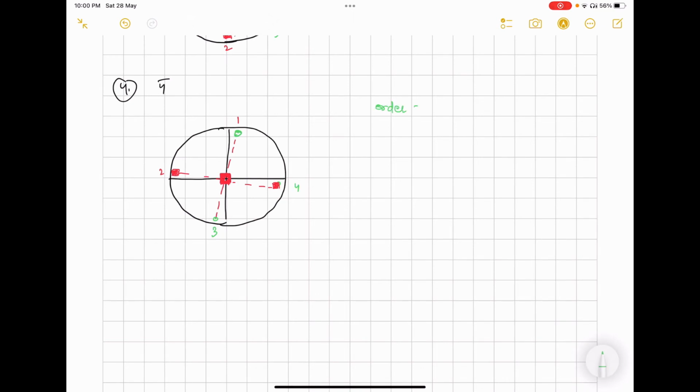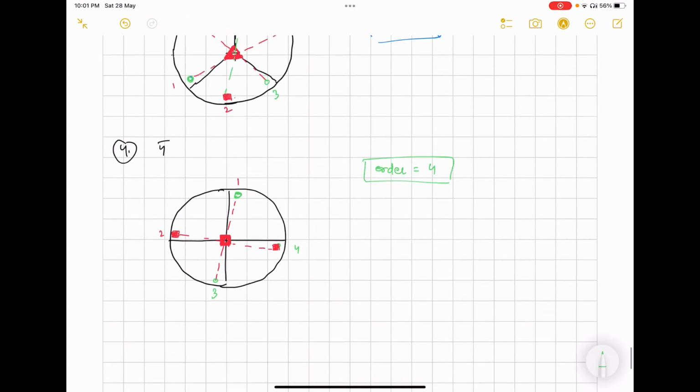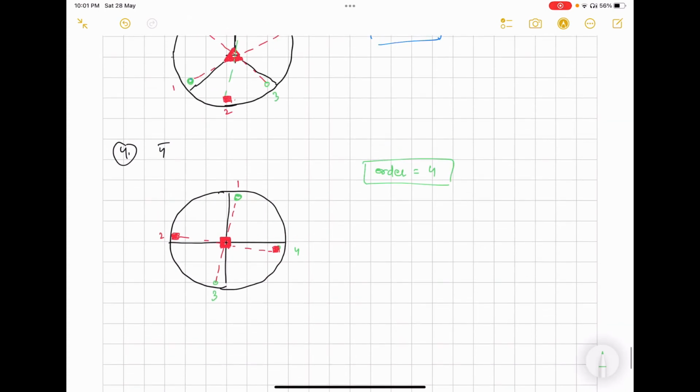So the order of 4 bar is 4 since we are left with 4 points only, and we cannot decompose 4 bar into some combination of symmetry operators.